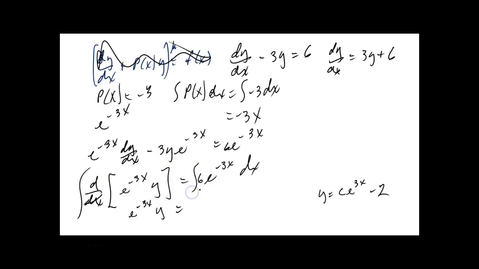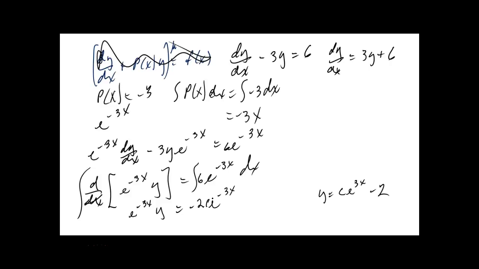And when you integrate this, you get minus 2 e to the minus 3x. And you need to have a plus c somewhere here. Throw it in between the two of these. Yeah, let's put it right there. I like to keep it anyway.